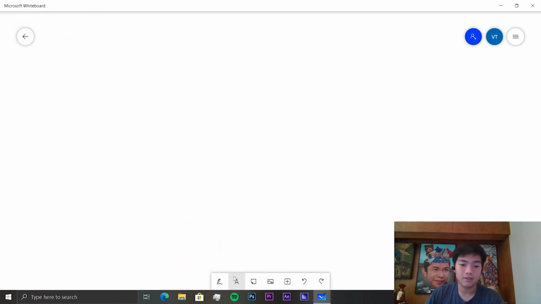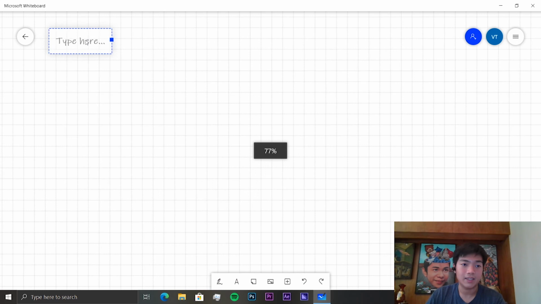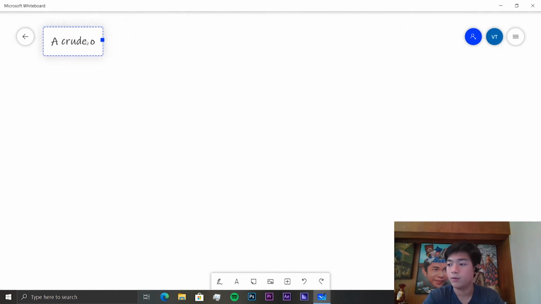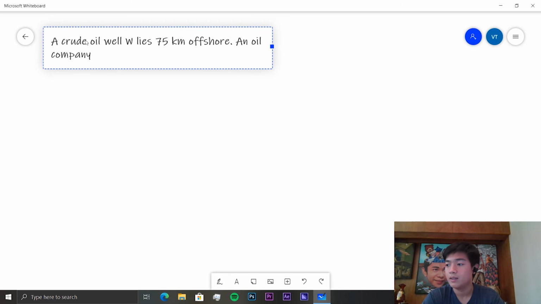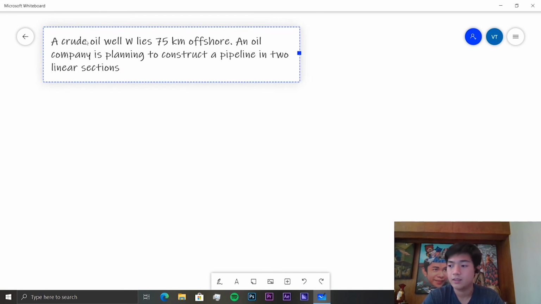Okay, so this is quite a long one, and it states, a crude oil well W lies 75 kilometers offshore. An oil company is planning to construct a pipeline in 2 linear sections.